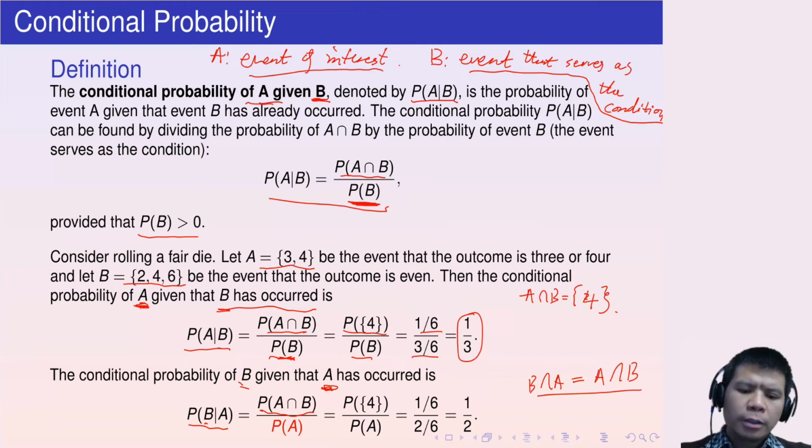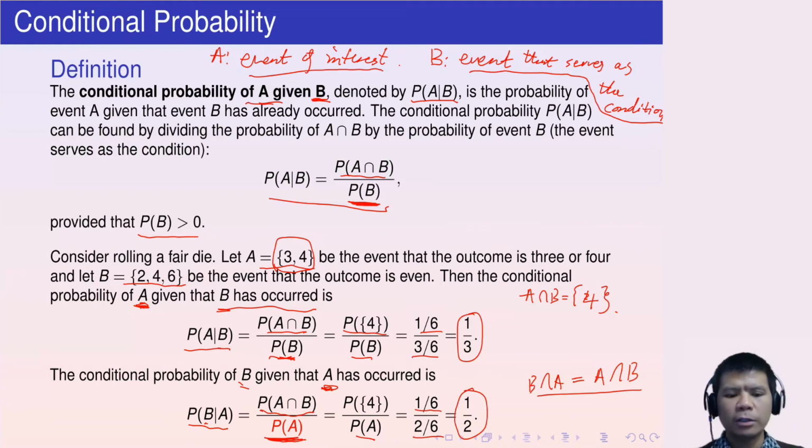And over the probability of the event that serves as a condition, which is now A. Here the numerator is again 1/6, and the probability of A, which is {3, 4}, is 2/6. Therefore, the conditional probability of B given A is 1/2. So we found these by definition.